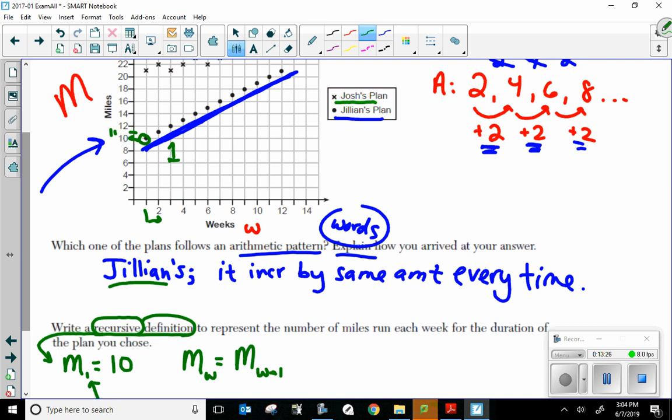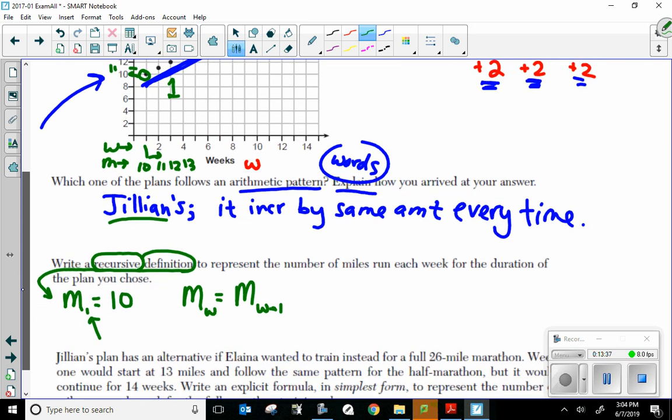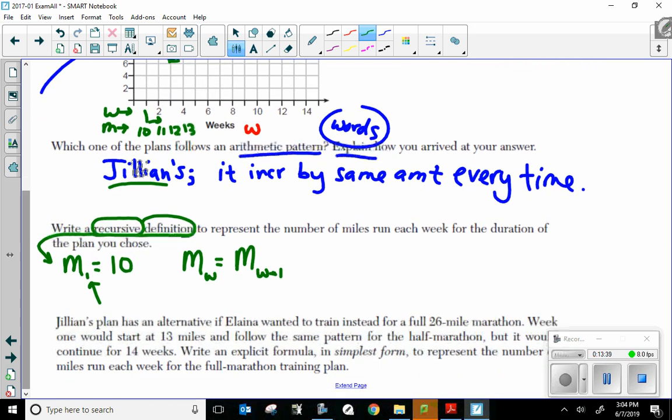So if this is my week, here's my miles. Week 1 was 10. Week 2 is 11. Week 3 is 12. Week 4 is 13, and so forth. I'm literally adding 1 each time. So I take the previous week and I just add 1. What you have in front of you, by definition, is recursive.